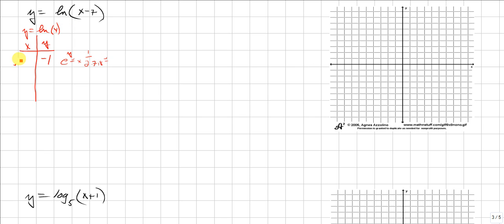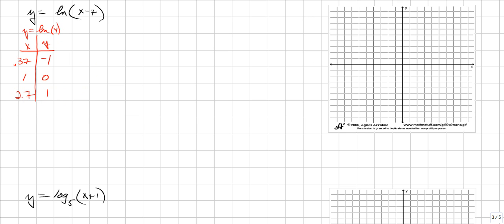Let's do 0: e to the 0 is equal to 1. And then e to the 1, because we're picking y equal to 1, is going to be 2.7.